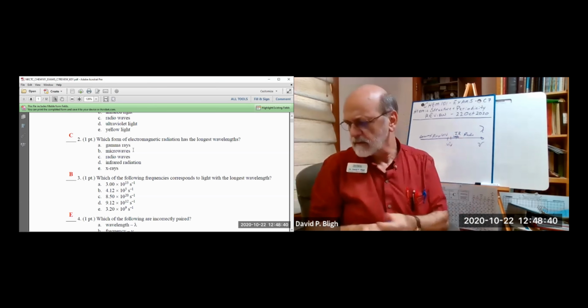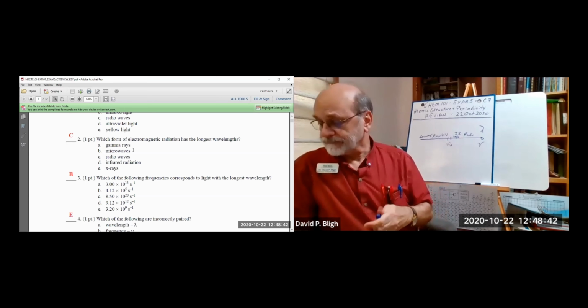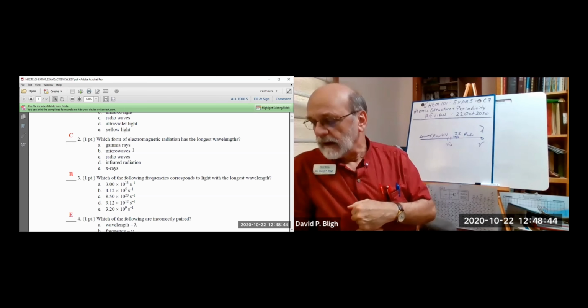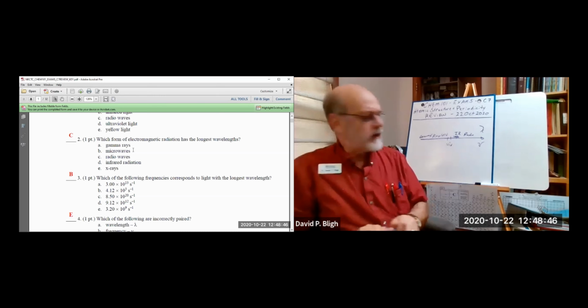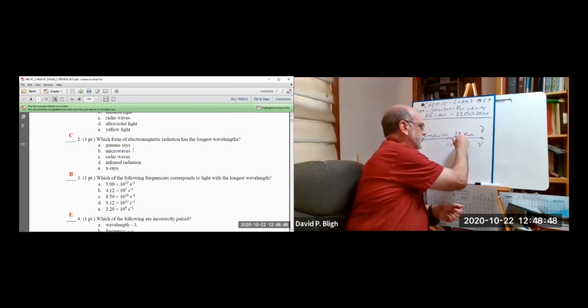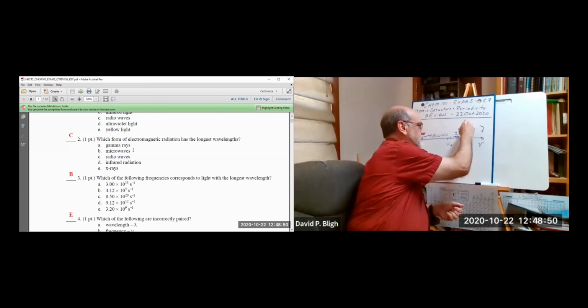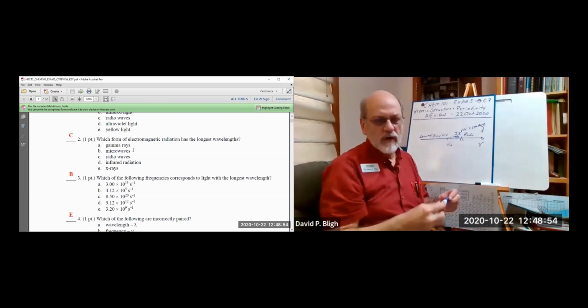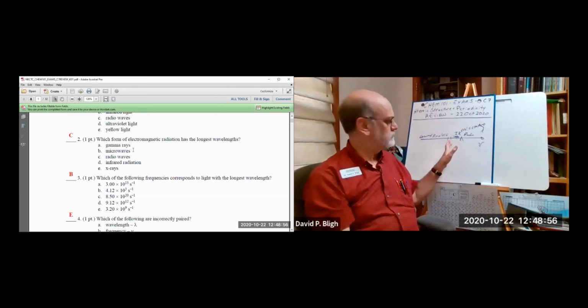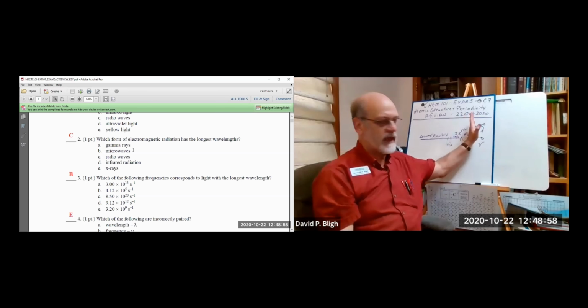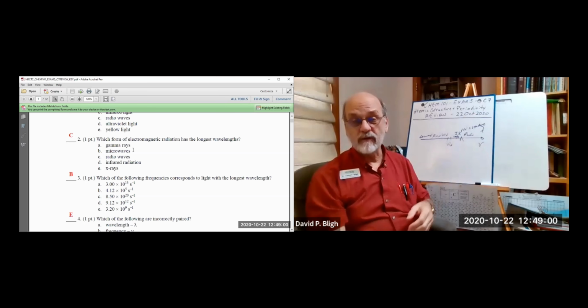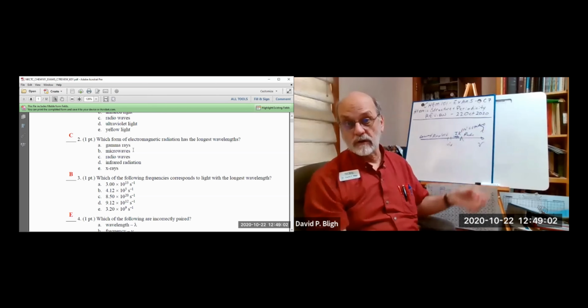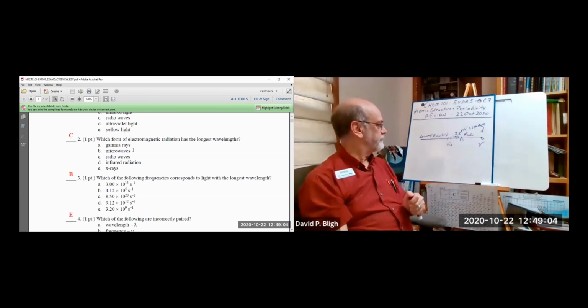There's another one. It escapes me for the moment. Microwave. I left out microwave. Okay, so the longest ones are going to be the radio waves. They're way, way out here. And some of those have wavelengths that are miles long, if you can imagine that.